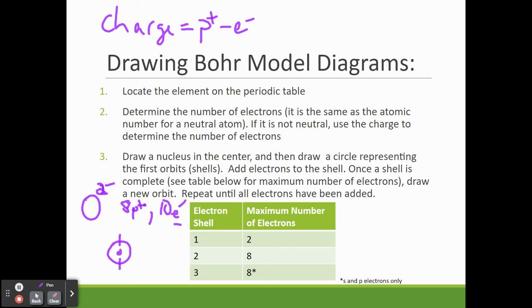First energy level holds a maximum of 2 electrons. Second energy level can hold up to 8. And when I put 8 electrons in there, we have now drawn our 10. So that would be the Bohr model for our oxygen 2 minus. And that's it. Now you guys can try drawing some of these for yourself.